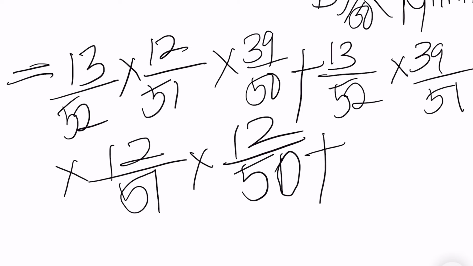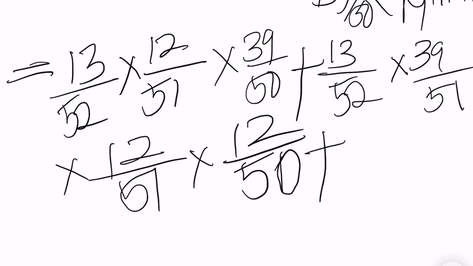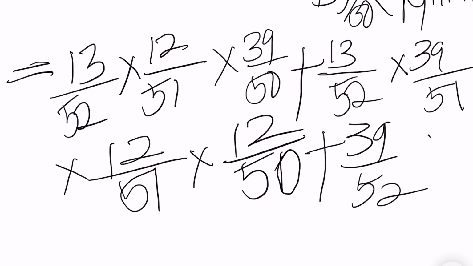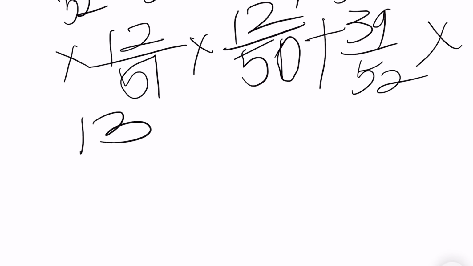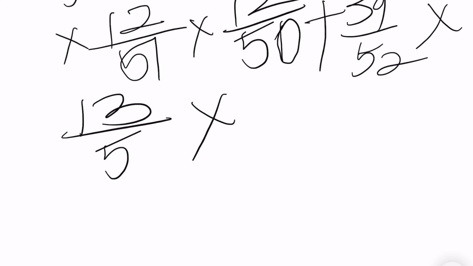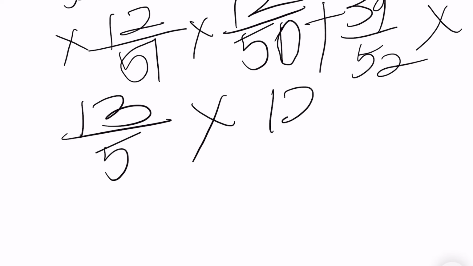That's the probability of getting 2 spades. So wherever we have double S, we add it together. So we have 39/52 times 13/51 times 12/50.